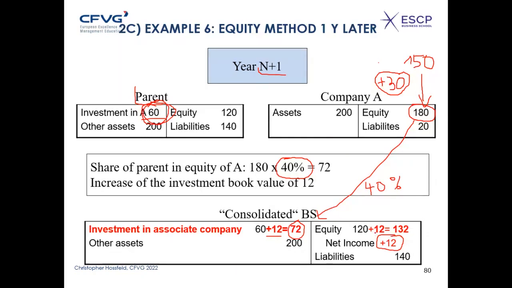So if in 21 the associated company made a profit, I will account for 40% of this profit in my own income statement for the year 21. So in the same year. That, of course, is unusual because in general, as a shareholder, how do I retrieve the profits of my investment company and when do I account for them? In general, not in the equity method.